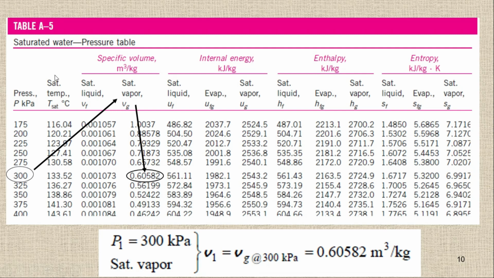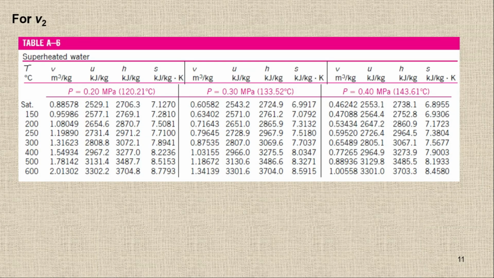The saturation temperature at 300 kilopascal is equal to 133.52, and the given temperature is 200, which is more than this one. So it means state number 2 is in the superheated region, and for V2, we are going to check the superheated table.